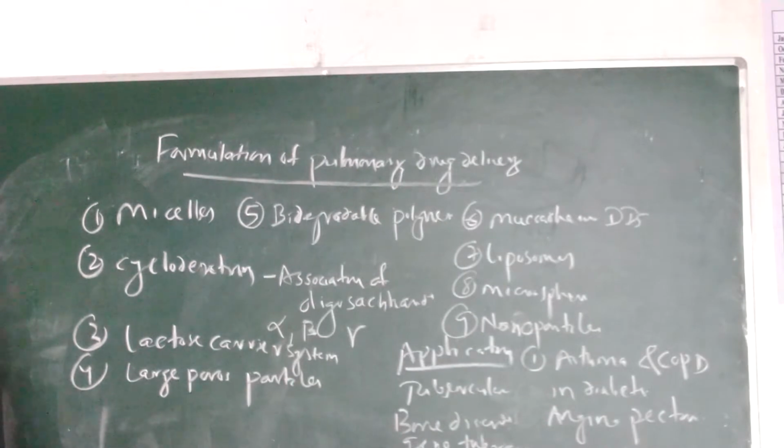Now, coming to the second one, cyclodextrin. Cyclodextrin is an association of oligosaccharides, formed of 6, 7, or 8 units of glycopyranose, which we call alpha, beta and gamma cyclodextrin.